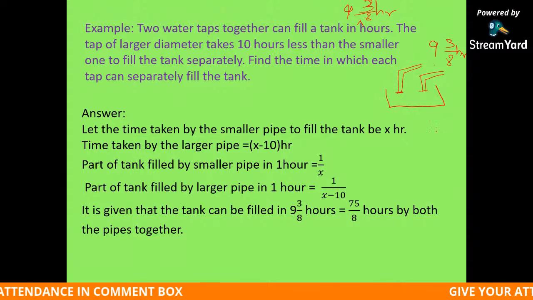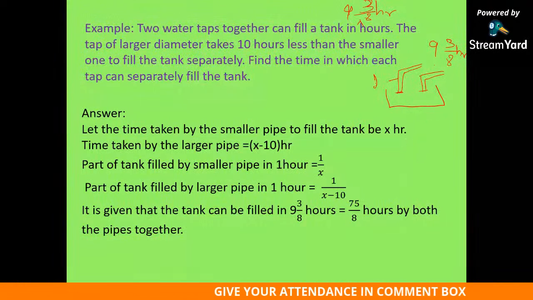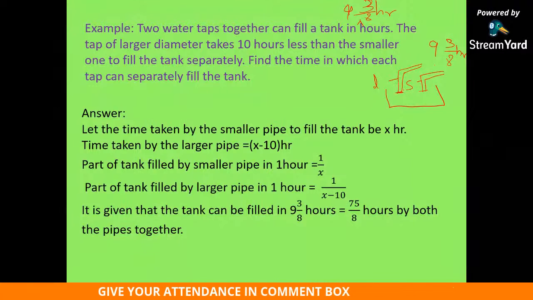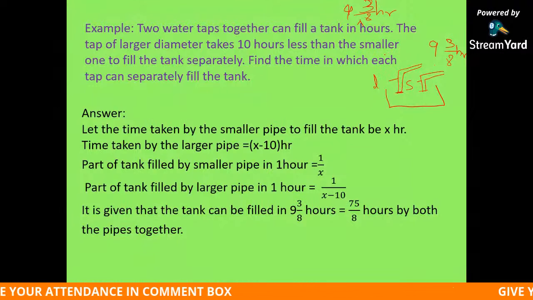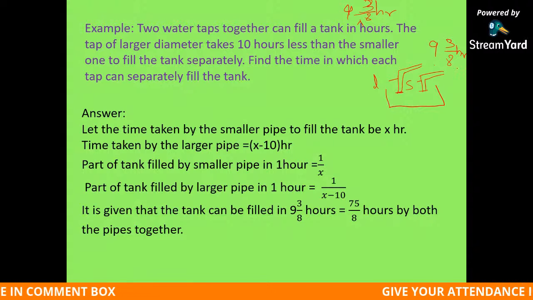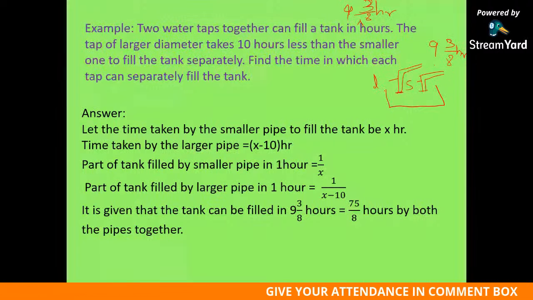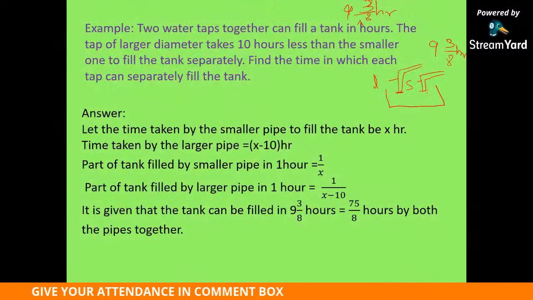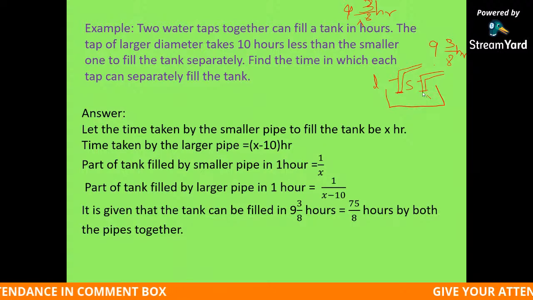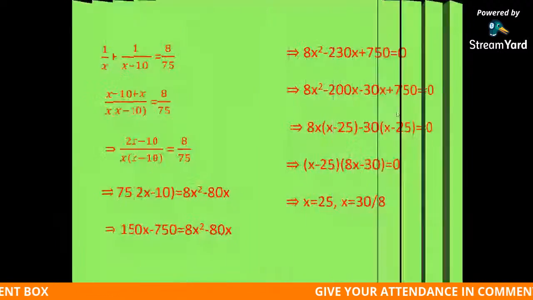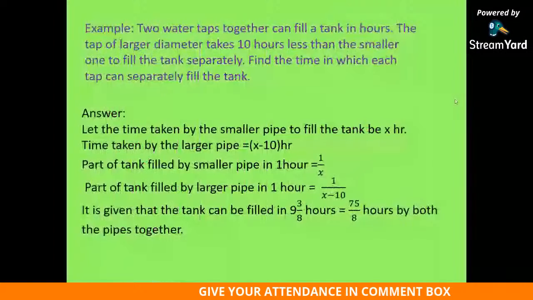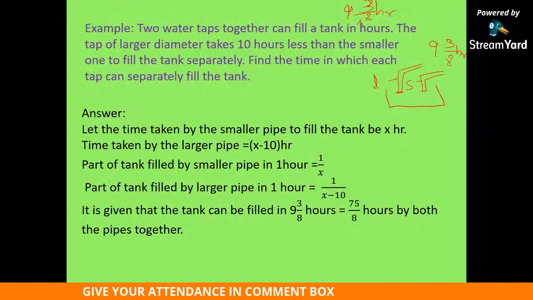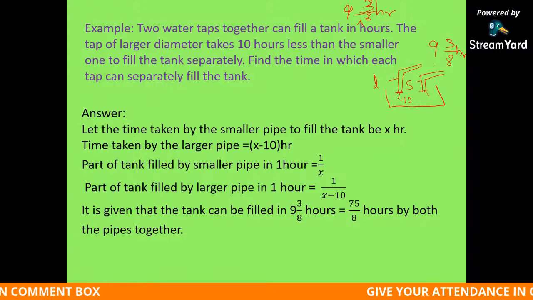And one more thing is given. Suppose you take this one as a larger tap and this one as a smaller tap. It is given the tap of larger diameter takes 10 hours less than that of the smaller one to fill the tank. Whatever time the smaller tap is taking, the larger tap is taking 10 hours less.